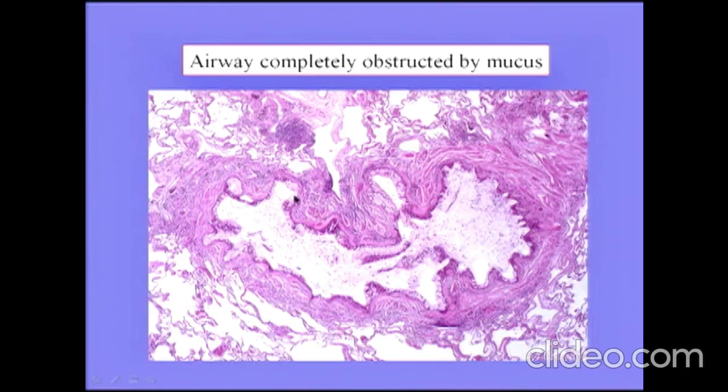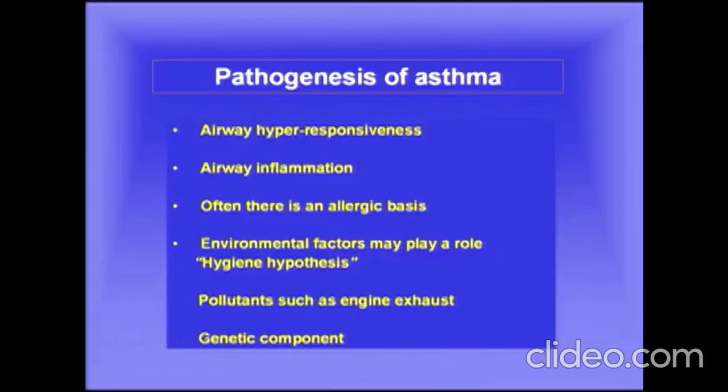You can also imagine that this smooth muscle here is hypertrophied and contracting, and that's giving us this contracted airway completely obstructed by mucus. Patients who die in status asthmaticus at autopsy show many of their airways completely obstructed by mucus. As I said, the mucus in asthma is difficult to move and difficult to cough up.